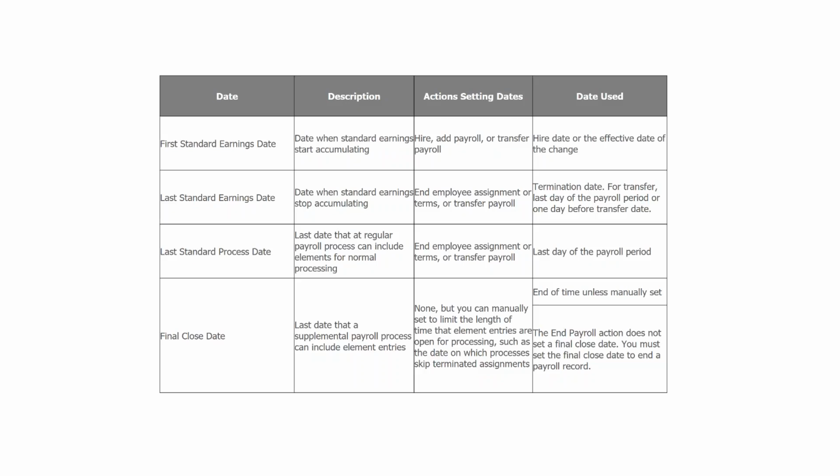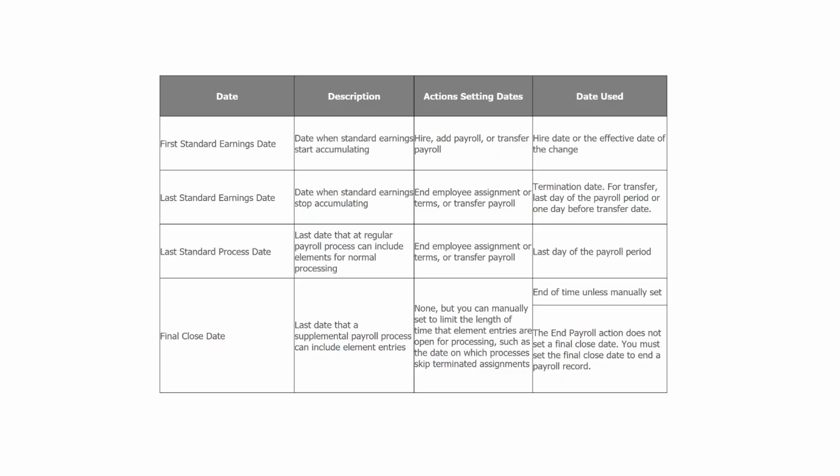Then there is something called final close date. Final close date is something that is beyond the last standard process date of the employee. So if you are terminated on 15th of June, your last standard process date is end of month, but final close date can be even further. So final close date is applicable for elements which are processed long after the employee has left the company.